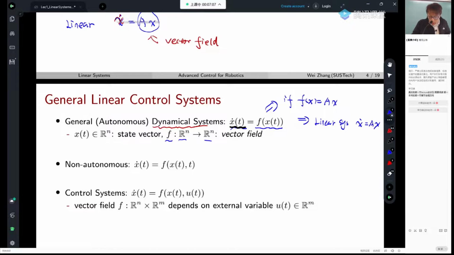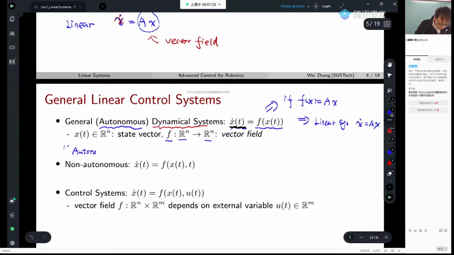A special term I want to give you a remark on, maybe not that important, but just to clarify my notation. This system is called autonomous. Okay, let me explain that a little bit. I don't think this term can be defined that precisely.